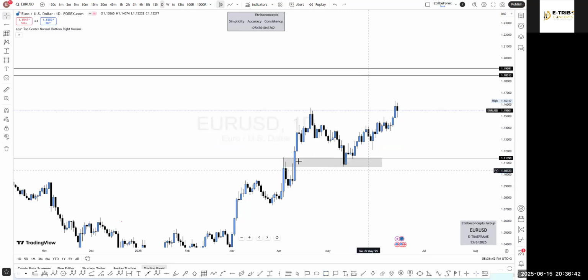The market has been forming a series of higher highs. And if you look at this particular zone in terms of breakout structure, we can clearly see a body candlestick that has closed above this. So this is a confirmation for me that we are pushing up further in terms of EURUSD.